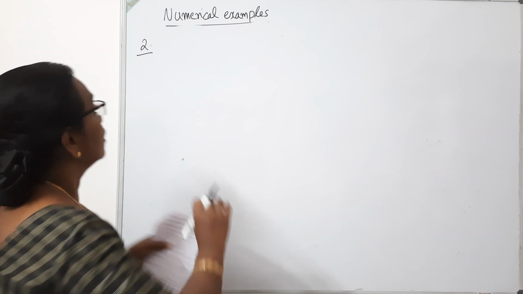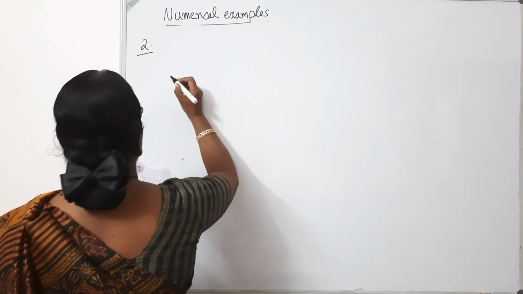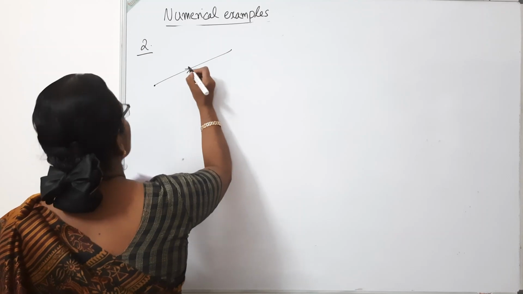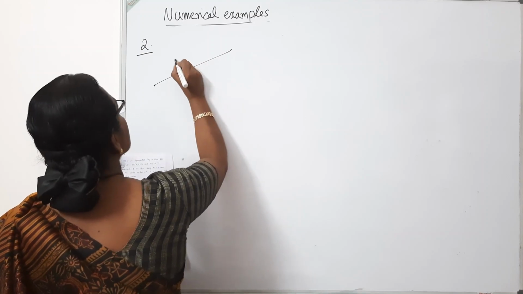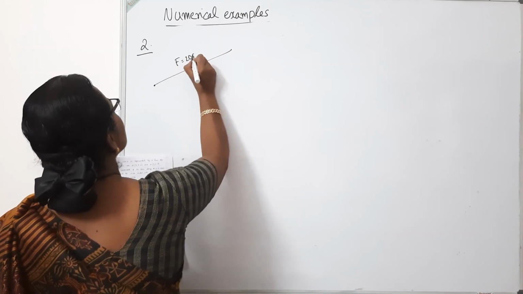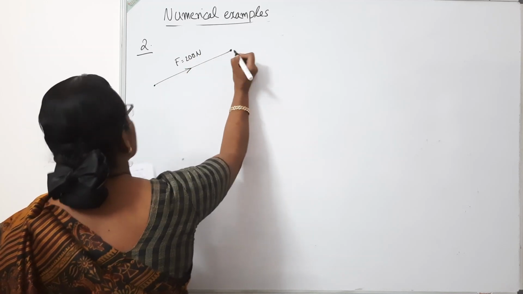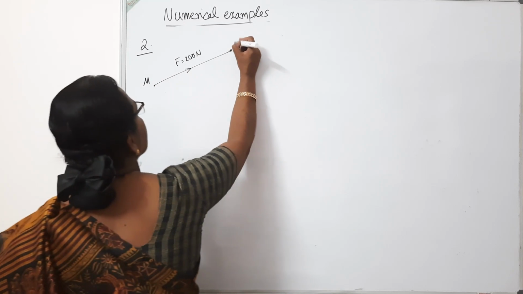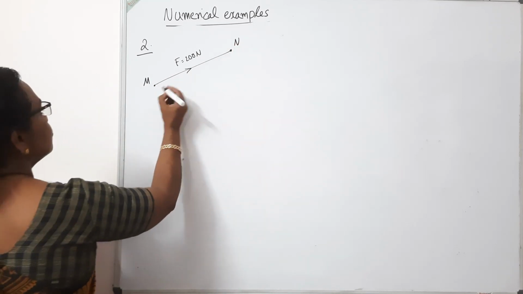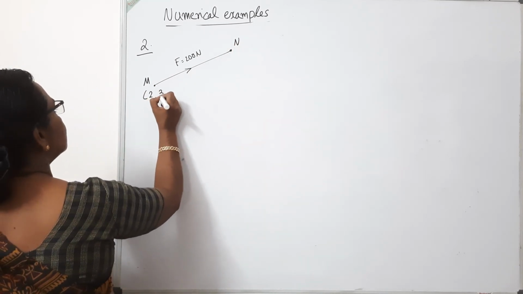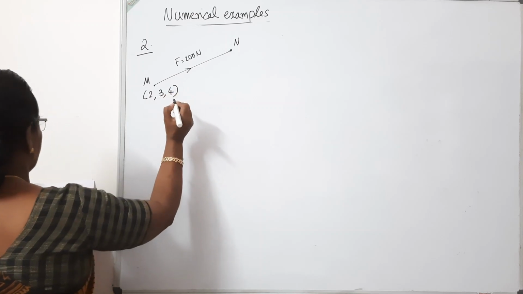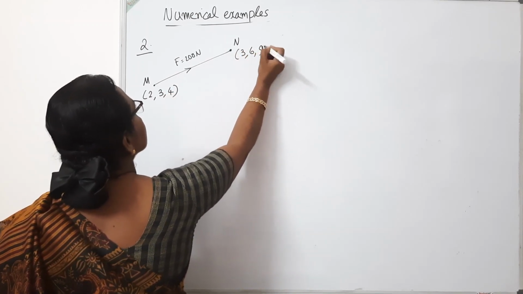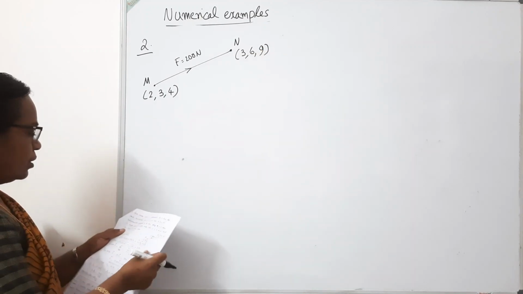Here, a force vector with magnitude 200 Newton is represented by a line MN. The coordinates of M are 2, 3, 4, and that of N 3, 6, 9.